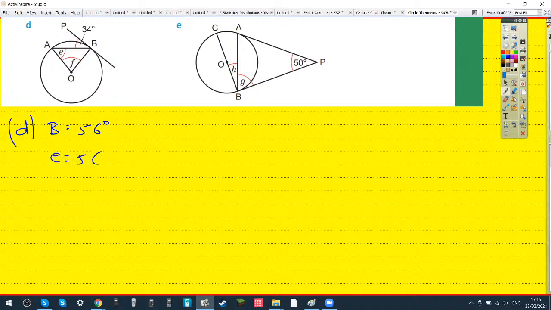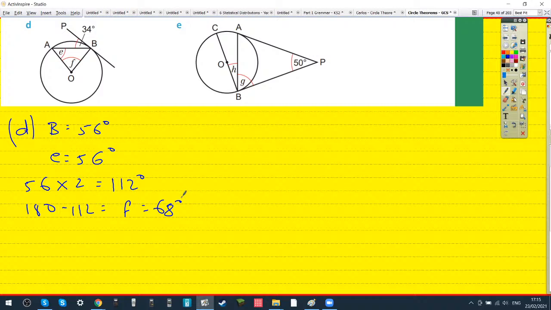Very good. 56 multiplied by 2 is 112. 180 take away 112 is 68. Well done. F is 68. F equals 68 degrees.